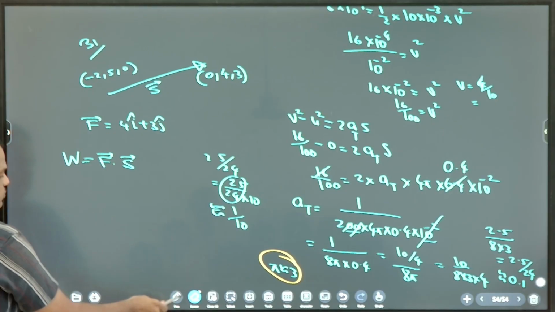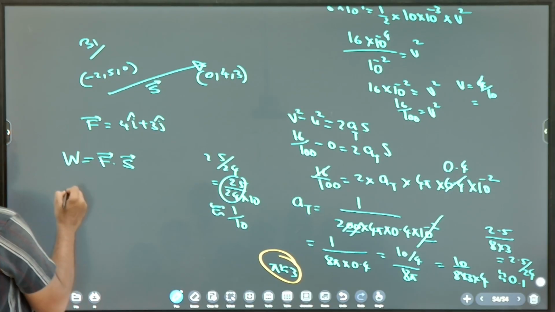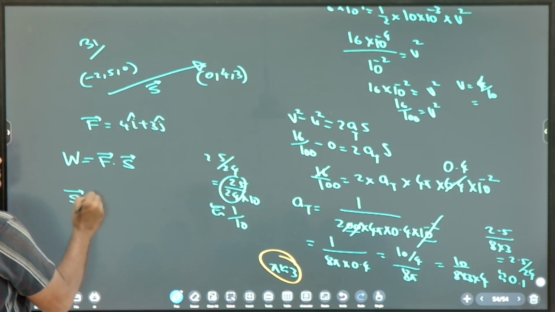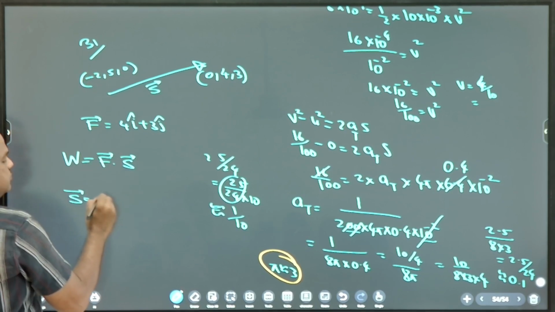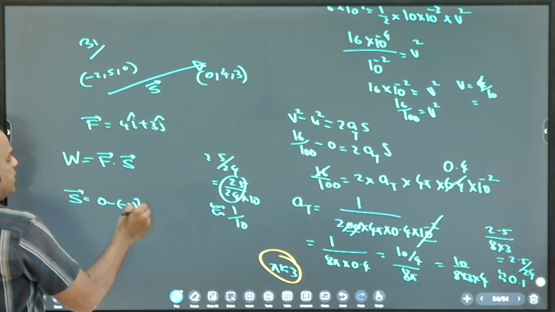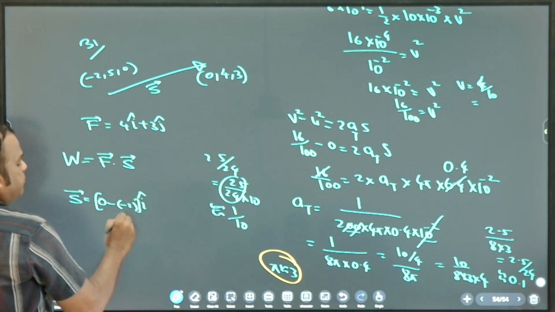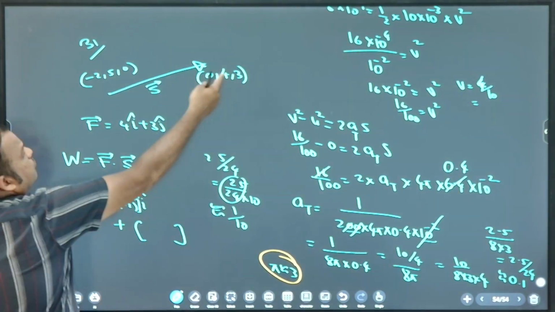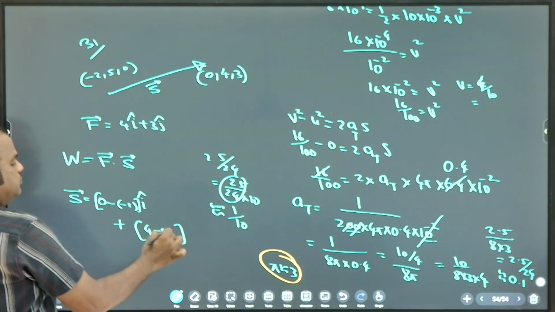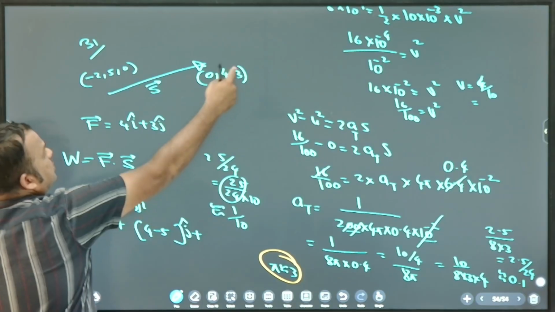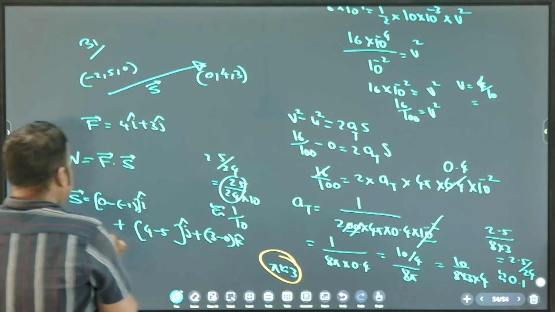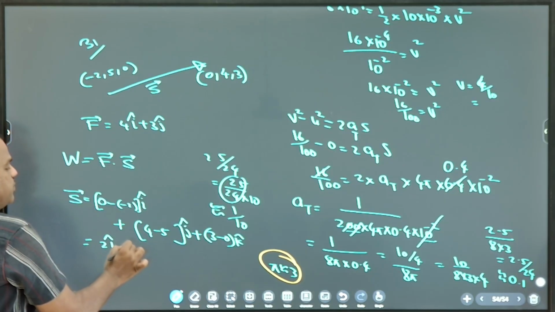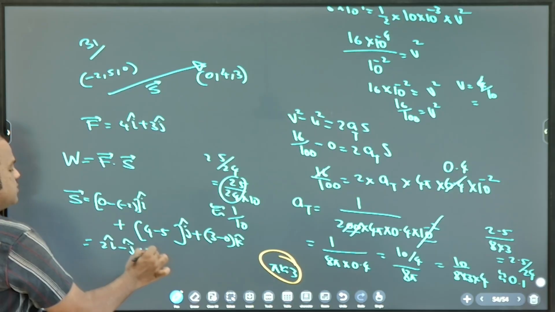So what is the S vector? Tell me. S vector is 0 minus minus 2 i cap plus 4 minus 5 j cap plus 3 minus 0 k cap. So this is 2i minus j plus 3k.